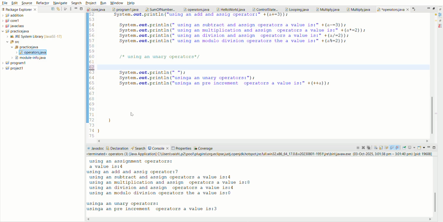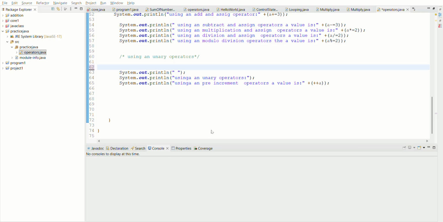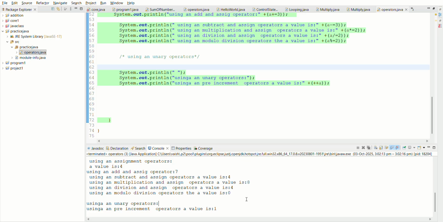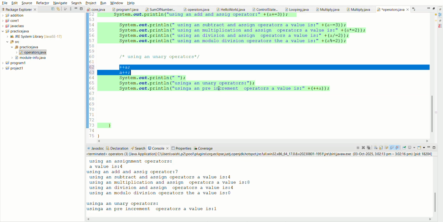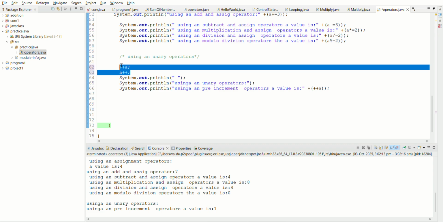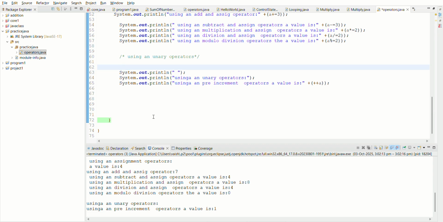So we take the remainder, run as Java application, a value 1, because here after the modulo division, a value is 0. So here 0 plus 1, pre-increment. So 0 plus 1 means the a value is 1, right?